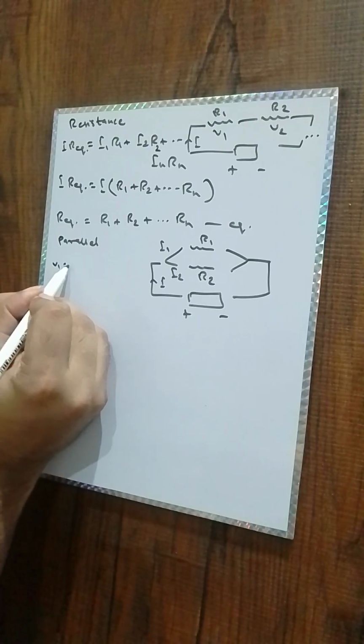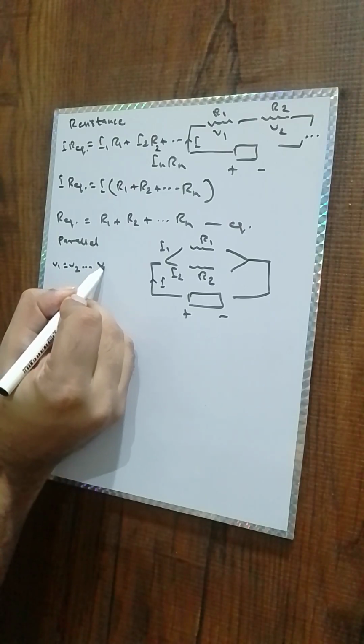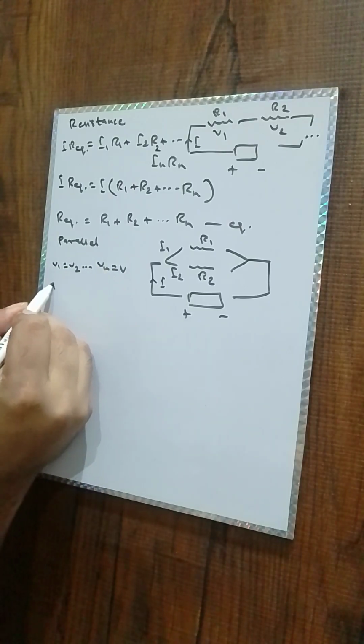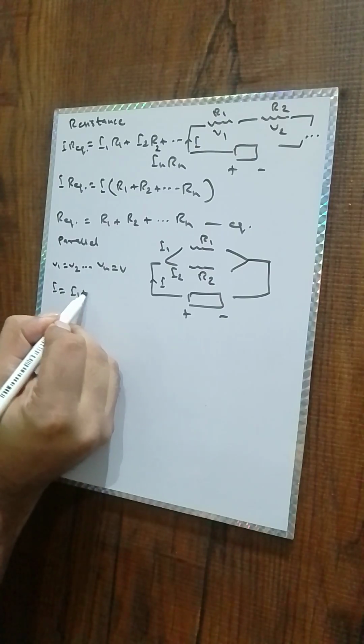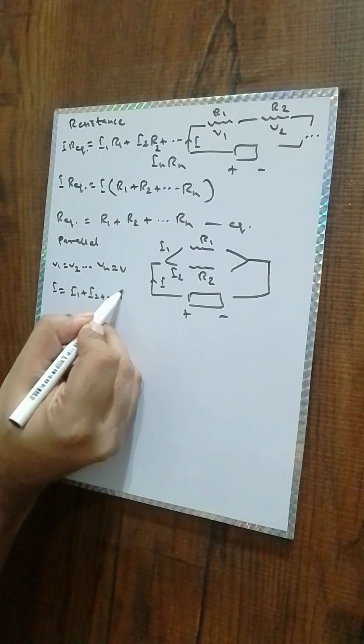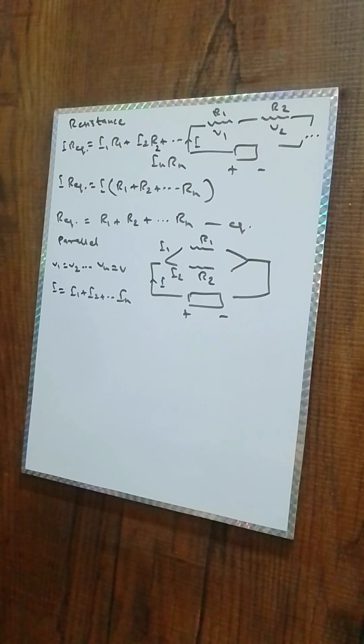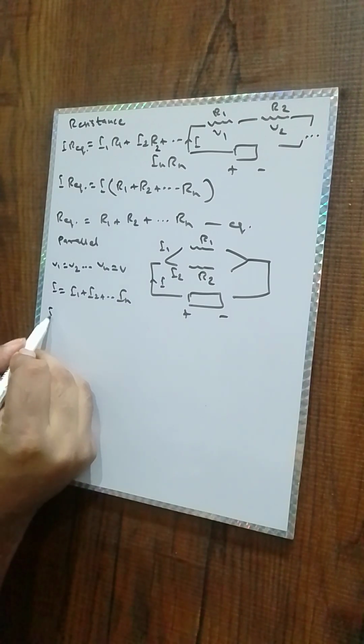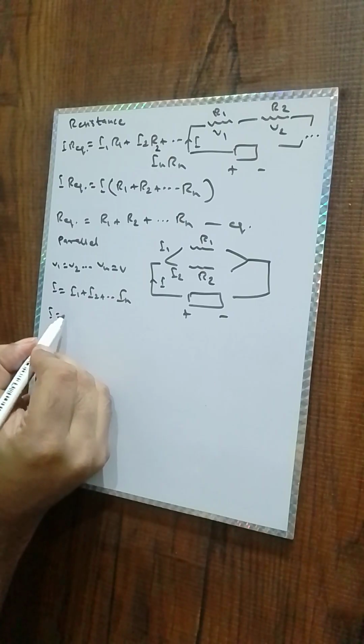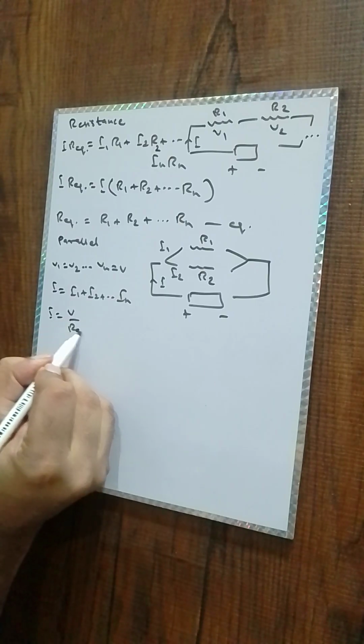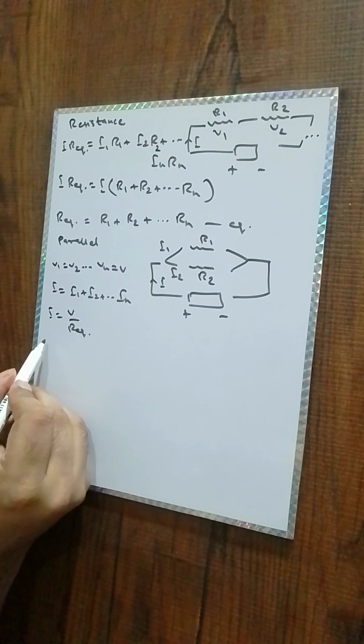So V1 is equal to V2 up to Vn is equal to V, but I is equal to I1 plus I2 plus up to In, depending on the extension of the circuit. So I is equal to V by R, as we know, V by R equivalent.